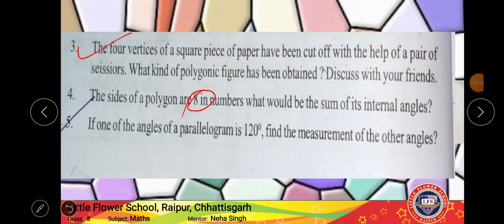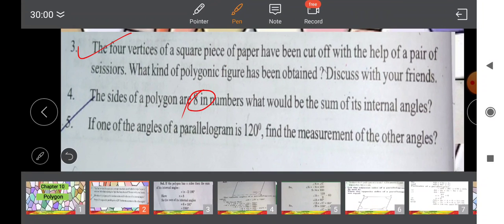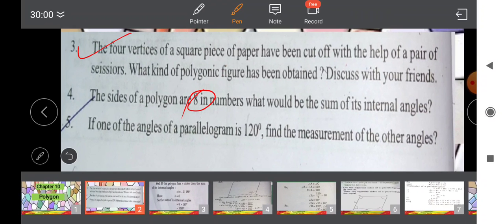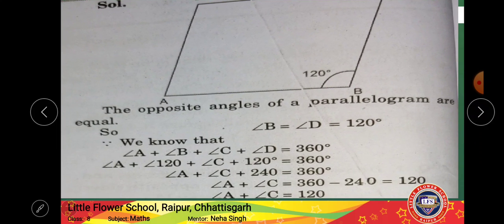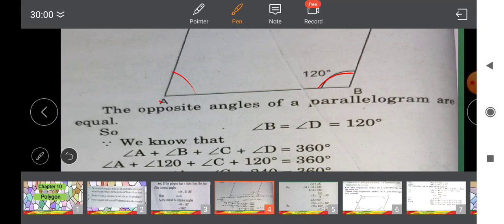Now the fifth question. If one of the angles of a parallelogram is 120 degrees, find the measurement of the other angles. Now one measurement is given, so we'll draw this diagram. One angle is given as 120 degrees, and since it is a parallelogram, the sum of its angles will be equal to 360 degrees.